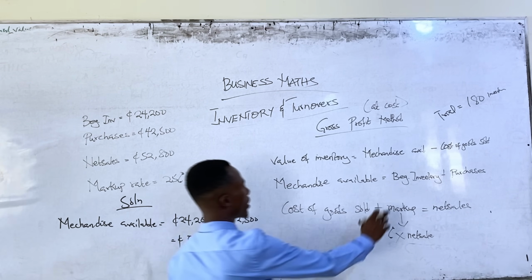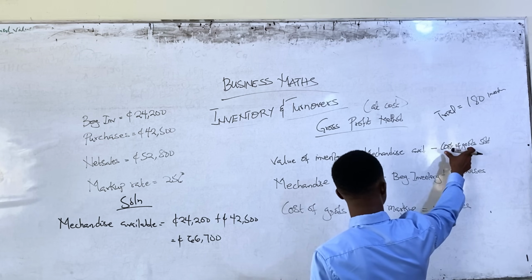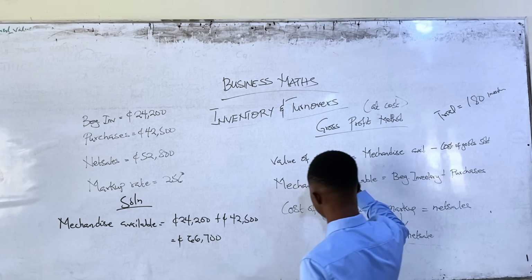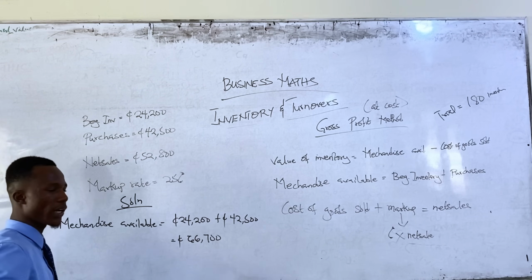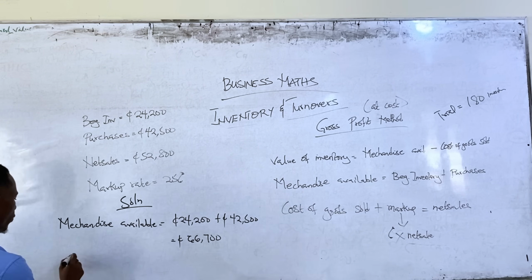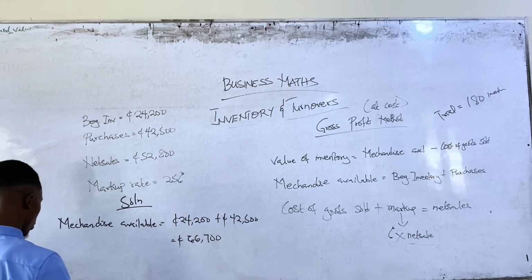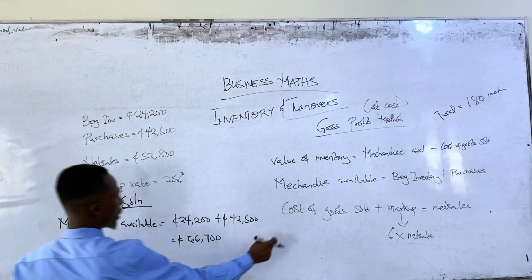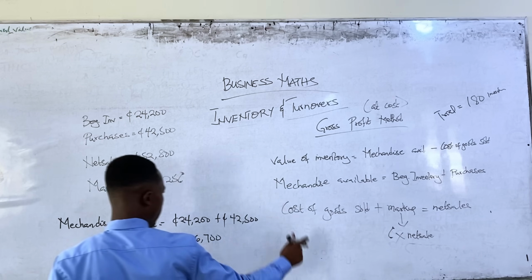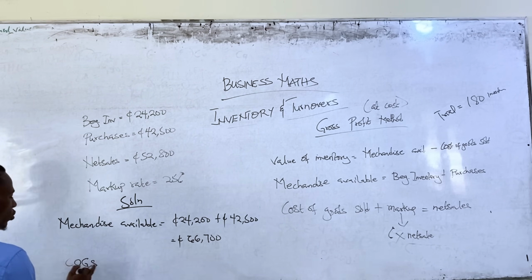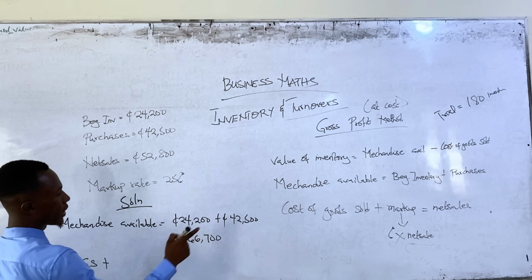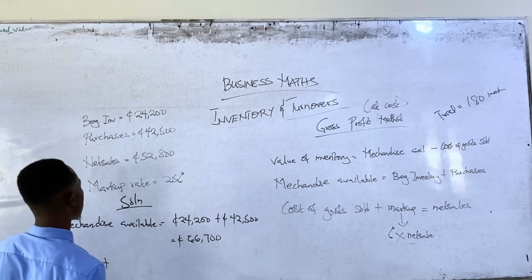Now that you are done with merchandise available for sale, you need cost of goods sold before you can subtract it from this amount to get your value of inventory. So the next thing to calculate is your cost of goods sold. It is the cost of goods sold plus the markup. The cost of goods sold was not given, so we say COGS plus the markup, which is the percentage times the net sales.